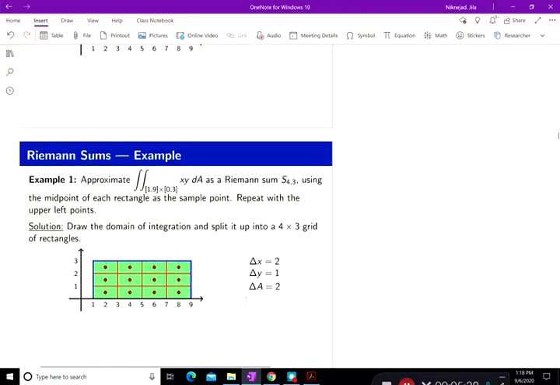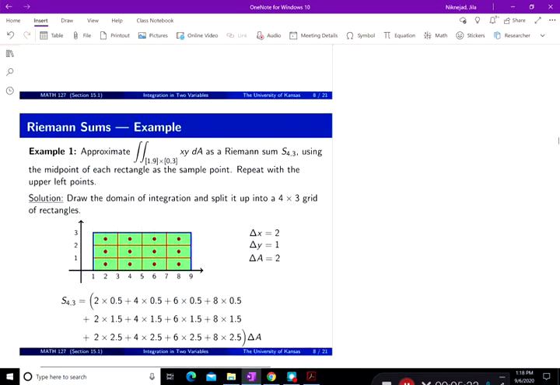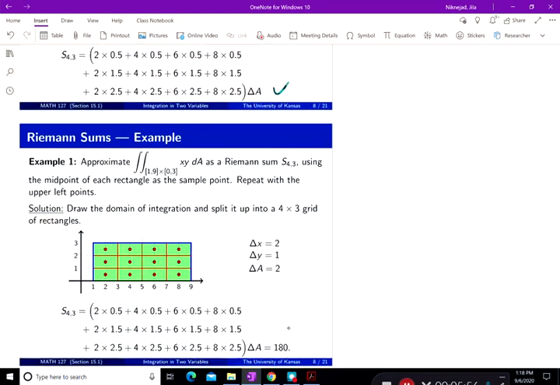Then you know the dA is that, and those are the values of the function, and you find the sum S 4,3 with the midpoints. This is the answer to midpoint. Of course you compute this completely, and it becomes 180.